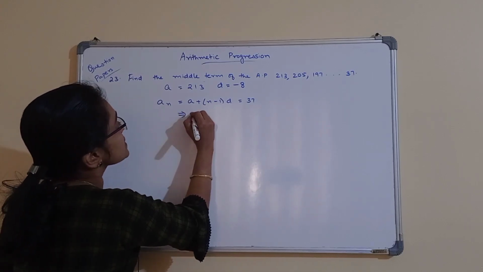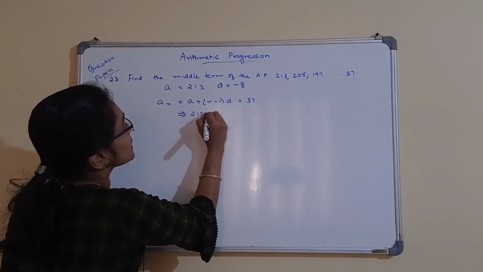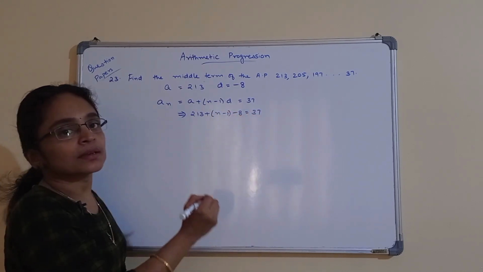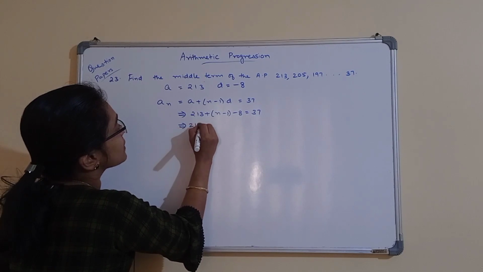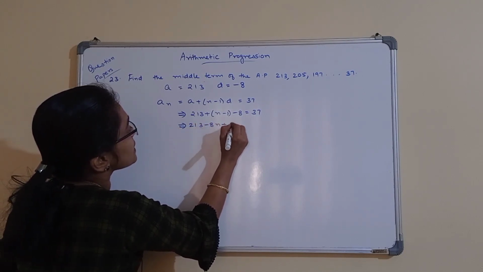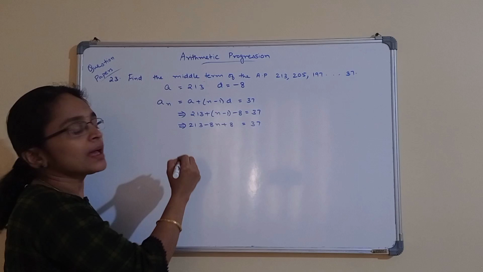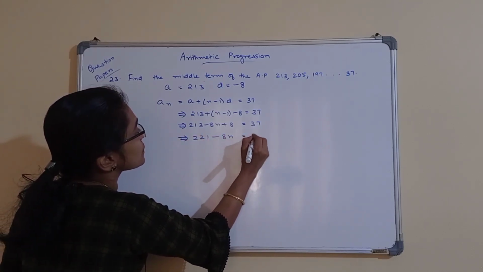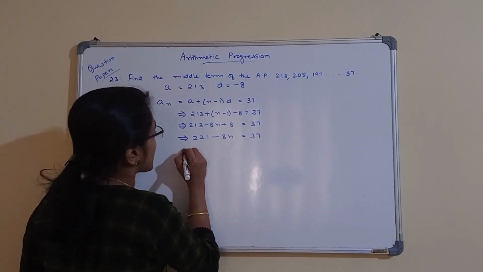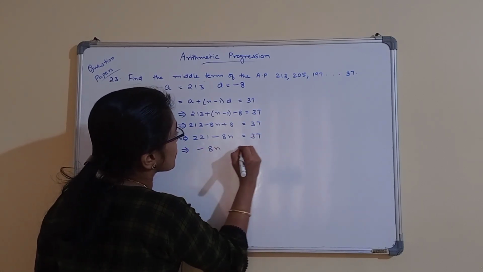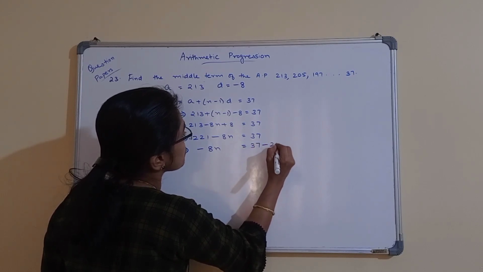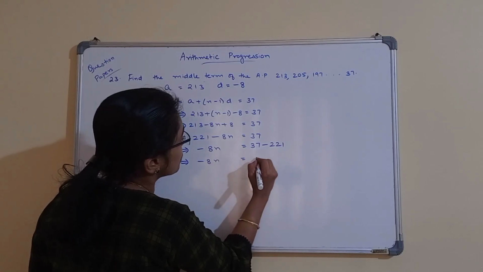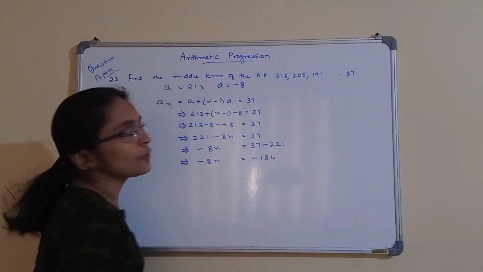So this implies 213 plus (n minus 1) into minus 8 is equal to 37, which implies 213 minus 8n plus 8 is equal to 37, and this implies 221 minus 8n equal to 37, which implies minus 8n is equal to 37 minus 221, and this means minus 8n is equal to minus 184.